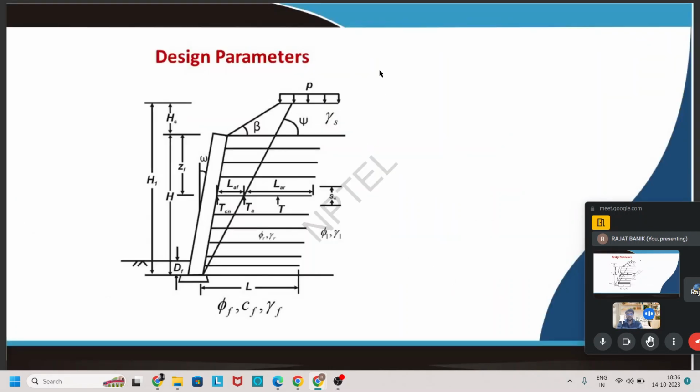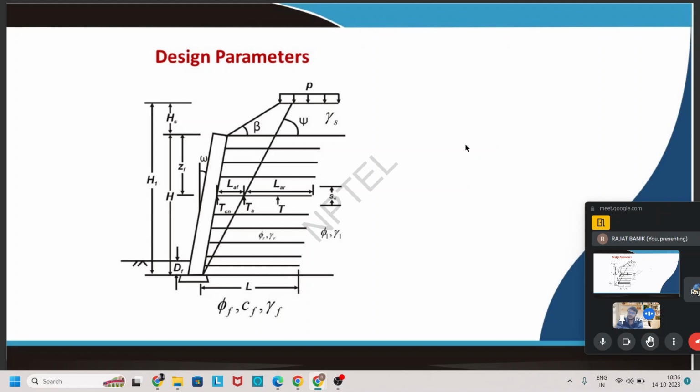Again, there is one schematic diagram given which shows the different forces or different reinforcement or material used in this session.